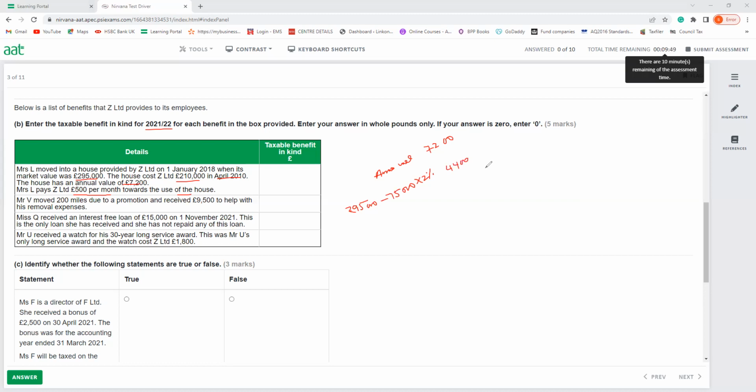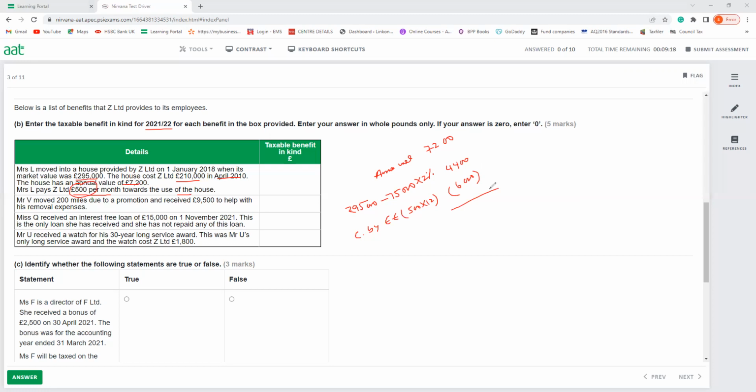Now, the next thing we have to see is how much this person is paying. We can see this person is paying 500 per month. So contribution by employee: 500 per month, 500 times 12, that gives 6,000. 6,000 will be deducted because she is paying 6,000.